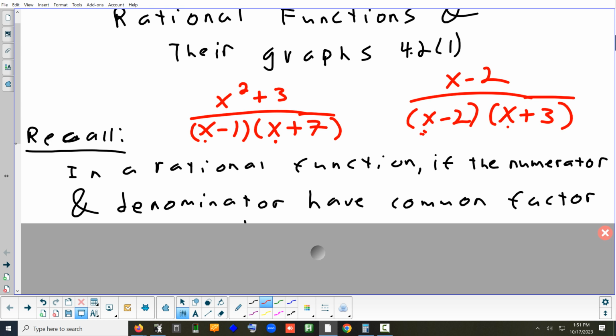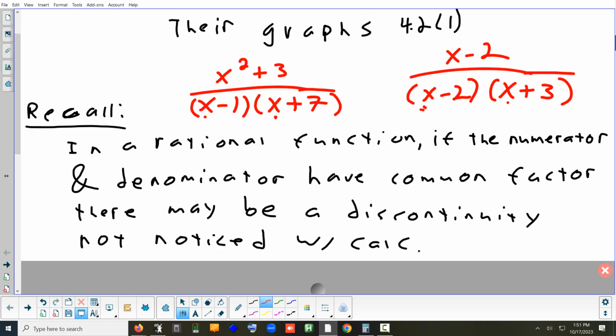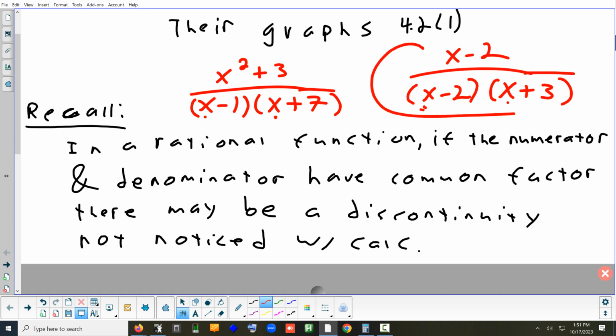A hole, yes. A hole, fancy word for that, is something that's disconnected. Think of a hole as like something you have to jump over. It's a disconnect. So if the numerator and the denominator have a common factor, like in this one, you might get a hole that you can't notice on the screen.